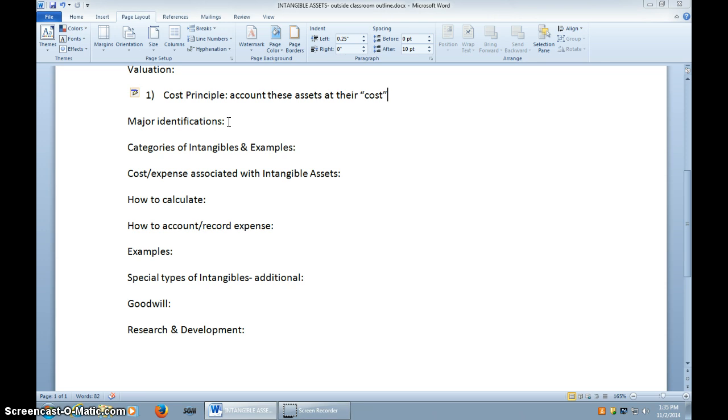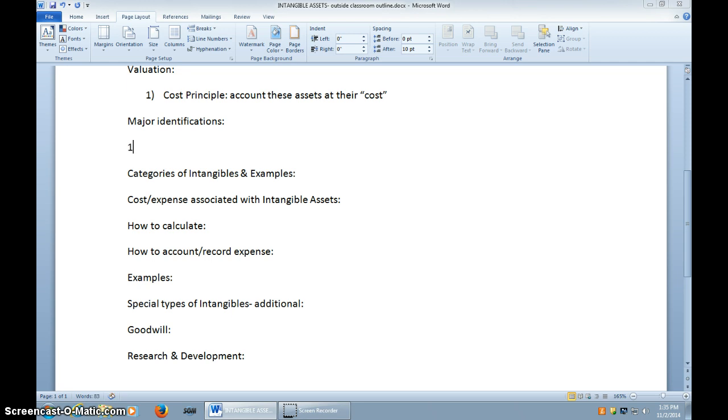There are two major identifiable types of intangible assets I want to mention that's going to be important for us. One are intangible assets that have a limited life.